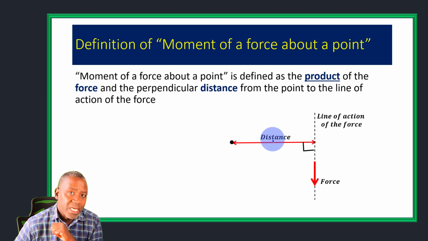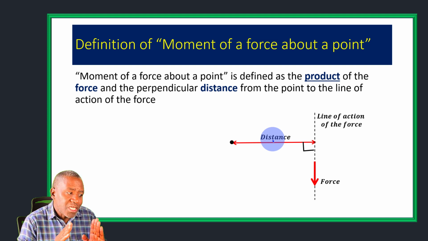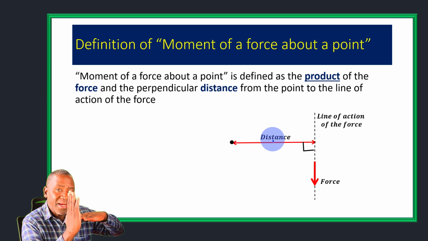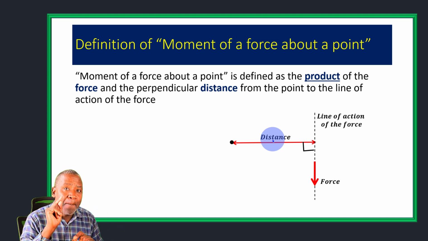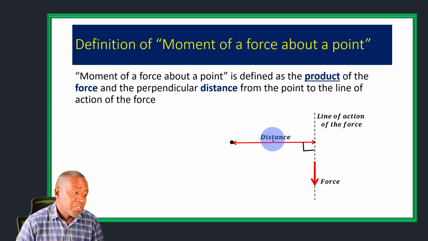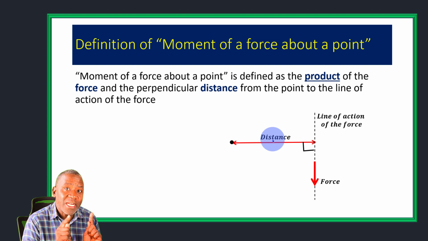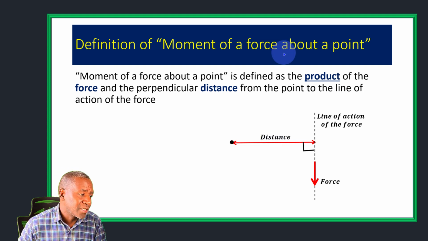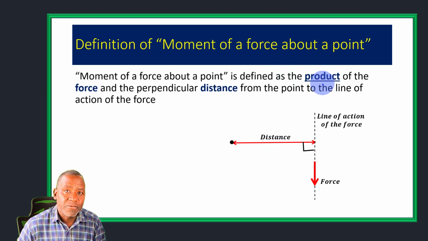That distance is oriented to the force in such a way that the distance and the force make 90 degrees. This is very important. Once you have ensured that, this is the time that you multiply the two in order to get the moment of that particular force.